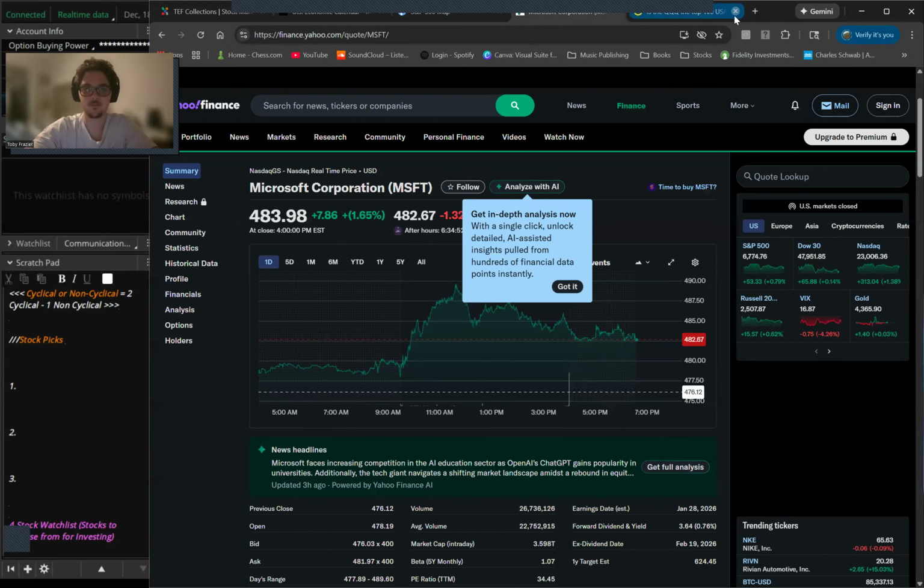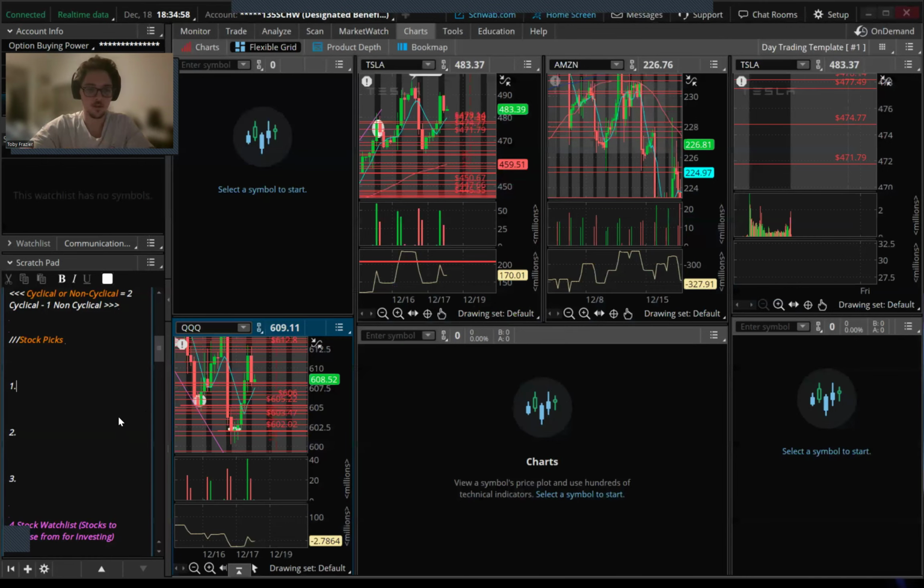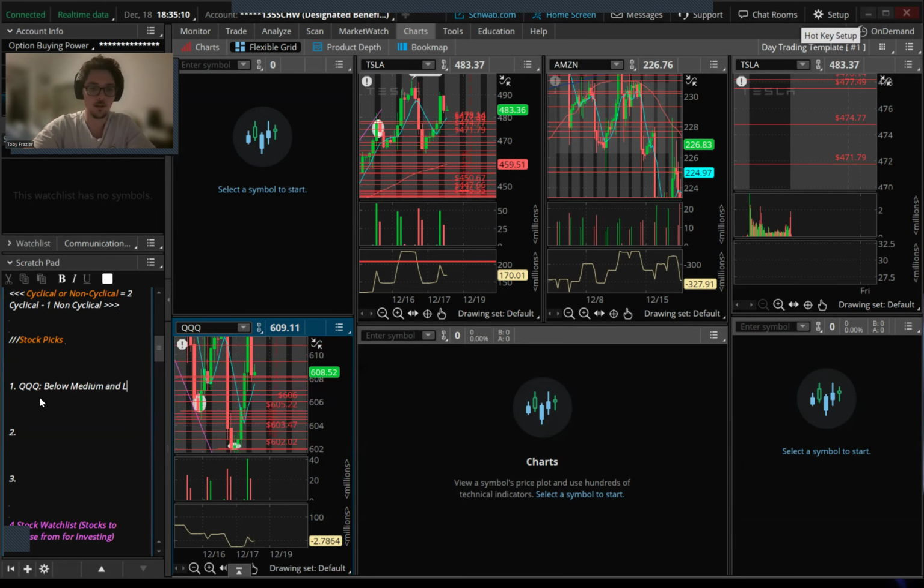All right. So QQQ, we're below medium and long MA, while in a downtrend.